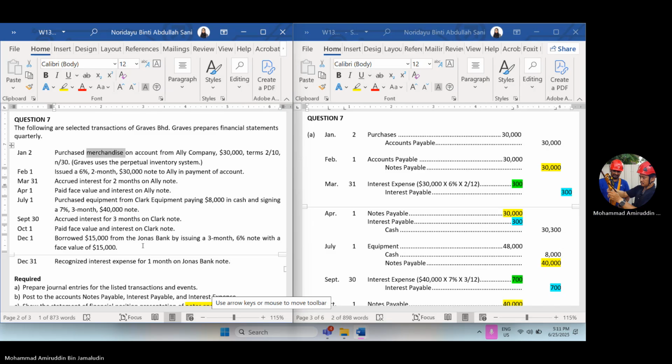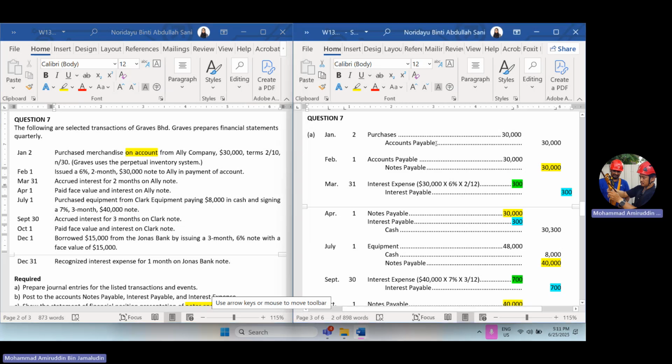So debit purchases. You purchase merchandise, meaning you purchase goods, your stock inventory. So debit purchases 30,000, credit accounts payable 30,000. Why? Because we purchase on account, on credit.